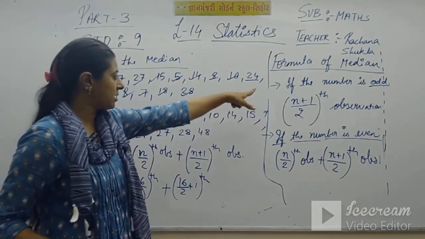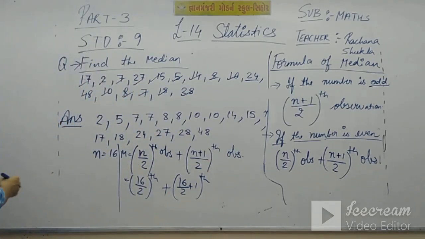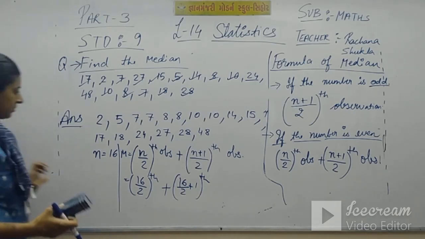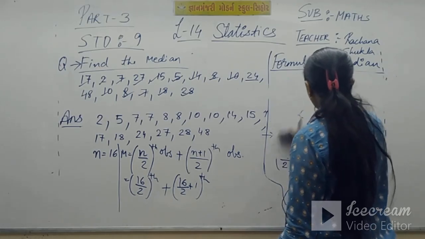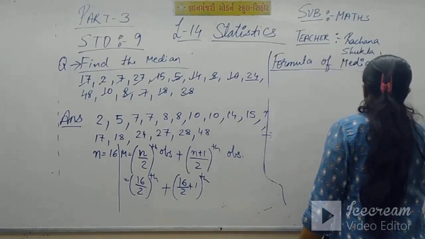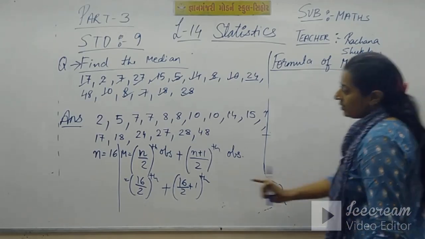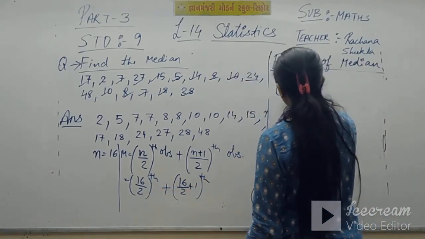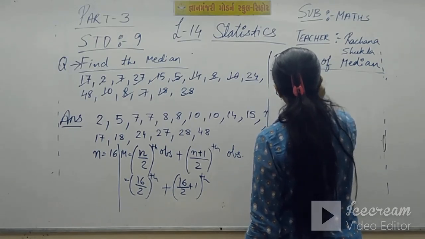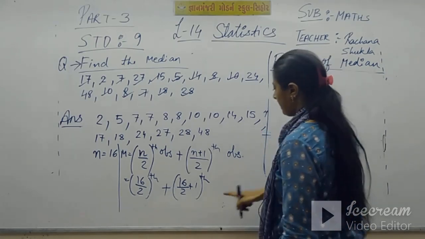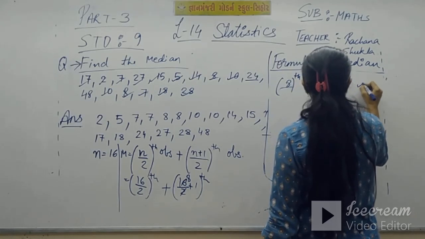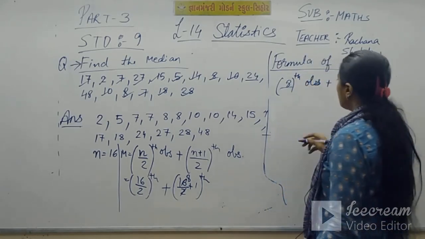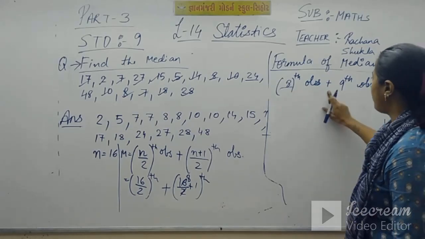I am writing your answer here because there is no space here, students. 16 divided by 2 is 8, so the 8th observation plus 16 upon 2 plus 1, that is 8 plus 1, the 9th observation. Now we got two answers, 8 and 9.